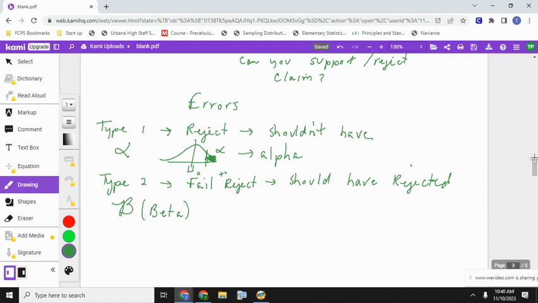Okay, power. Power is 1 minus B, which is beta. Power is the strength of your test to reject when you should.